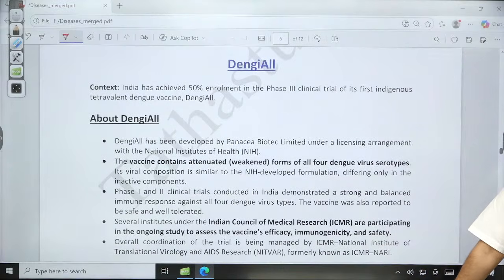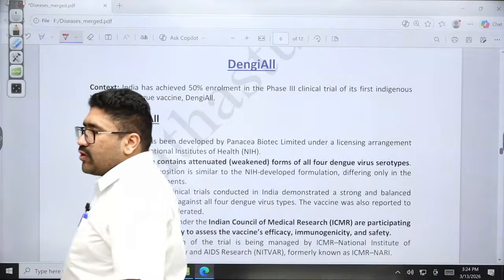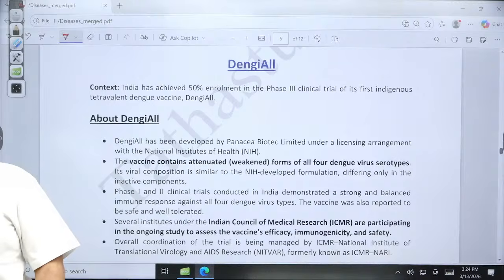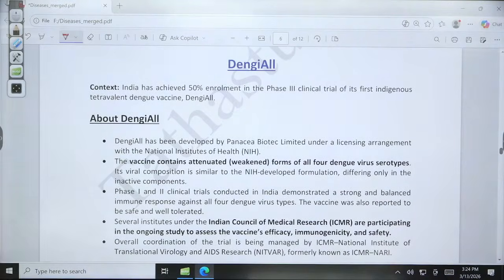Next is about dengue. India. So till now the important point is that globally we do not have a dengue vaccine. A very common point, please remember, malaria was a parasitic disease. That means it was through a protozoa.